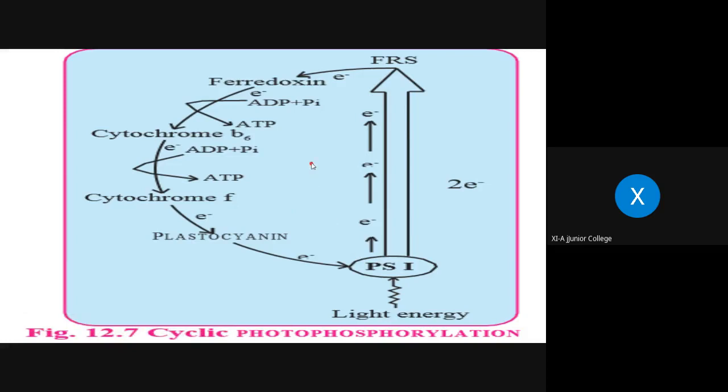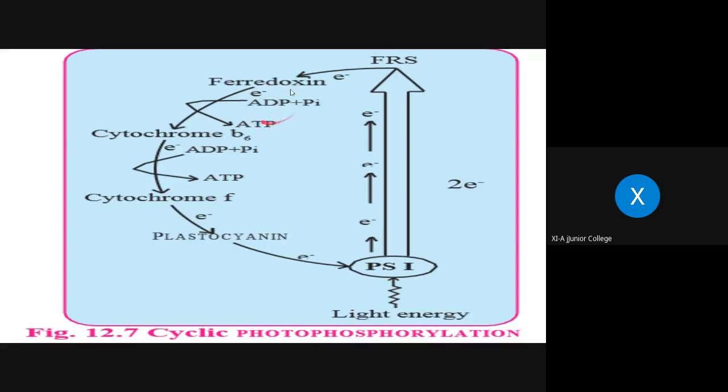Why photophosphorylation? What happens in photophosphorylation? I told you: synthesis of ATP. Addition of phosphate to what? ADP. Here at two places you can see that when there is transfer of electrons from ferredoxin to cytochrome B6 and from cytochrome B6 to cytochrome F, some amount of energy is released, and that is accepted by ADP to form ATP.